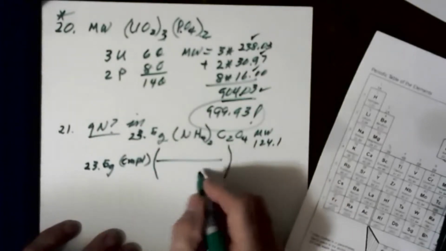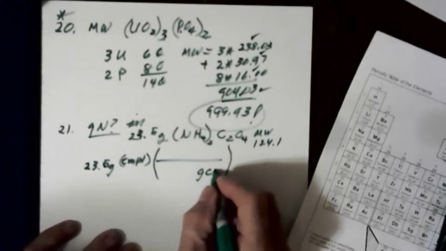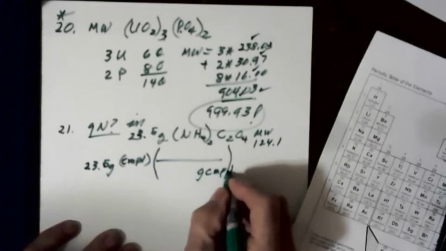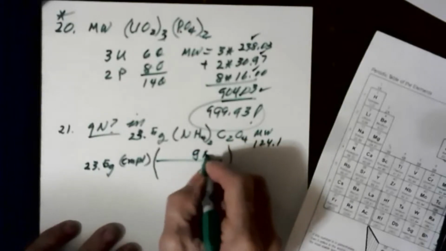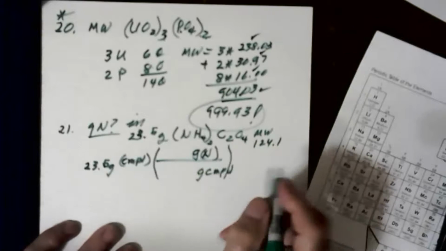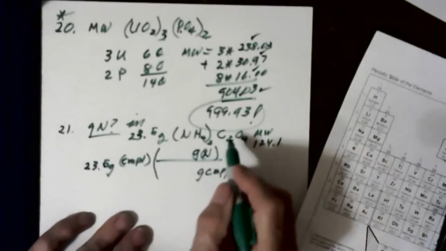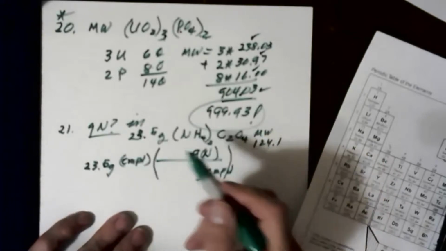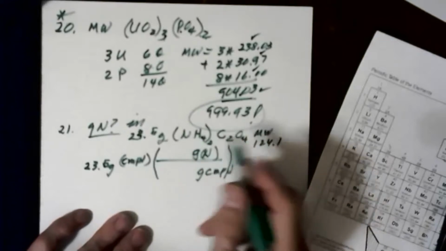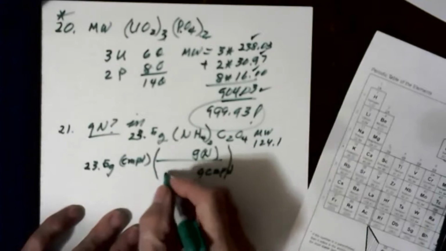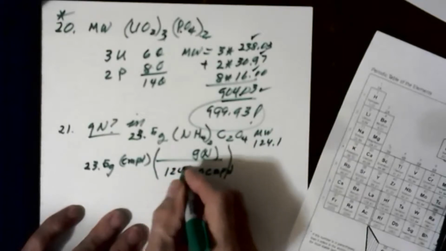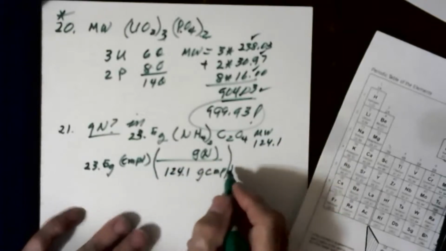I want to go from grams of that compound to grams of nitrogen in the compound. Now the question is, do I know a mass of that compound for which I would know how much nitrogen and oxygen and carbon is in it? Yes, I do. 124.1 grams. That's a mole of the compound.